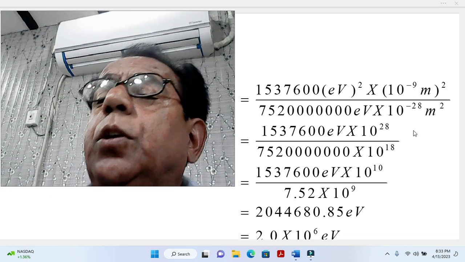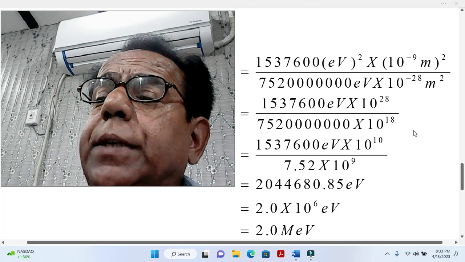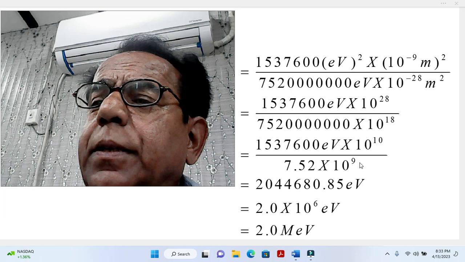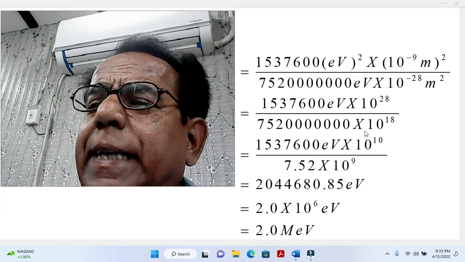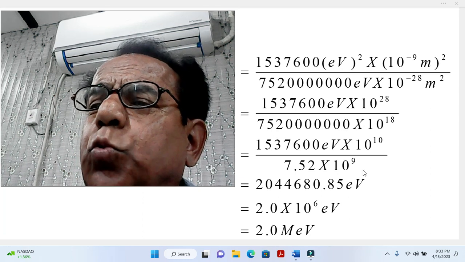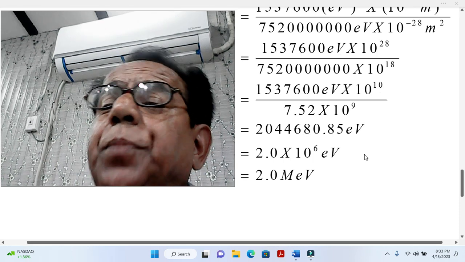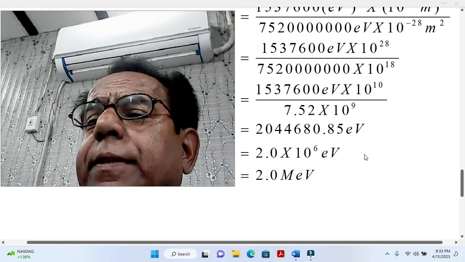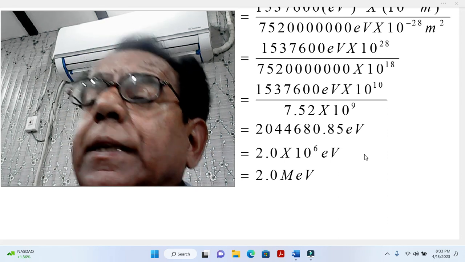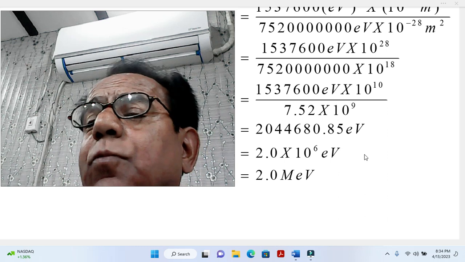So in the numerator 10^28, in the denominator 10^18, so the difference is 10^10, and here we have changed this value into 7.52 × 10^9. So just simplification, 2044680.85 electron volt. It can be written as 2.0 × 10^6 electron volt.